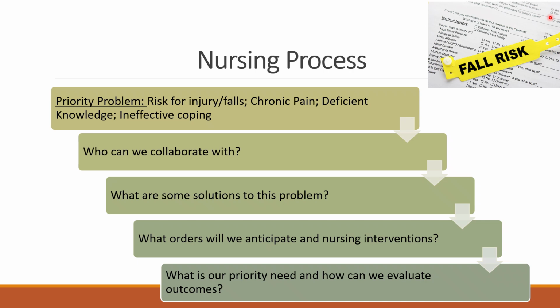Some other solutions might be some complementary ones, which would be non-pharmacological. Apply heat or cold, but we do have to be careful because that patient can't feel as well. So we have to help regulate the temperature and teach the patient how often they need to apply heat or cold, right? 30 minutes on or off. So they need to set a timer to make sure they're not keeping that heat on for too long.